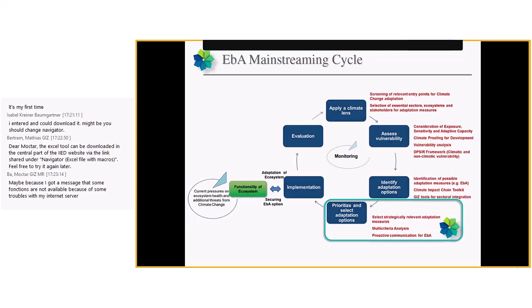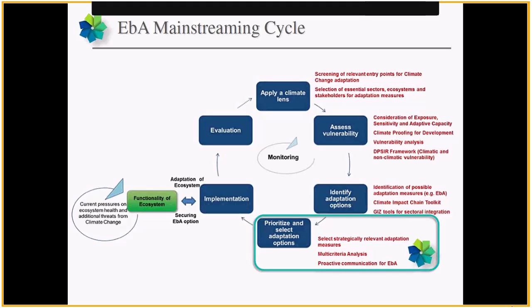This is to understand and screen all the points where climate change adaptation can enter, and also select the essential sectors, ecosystems, or stakeholders that will be involved in the selection of the adaptation measures. Once we do this, we can go to the next step, that is to assess the vulnerability, to identify the climate impacts that will enhance our vulnerability or make us less resilient to the impacts of climate change.